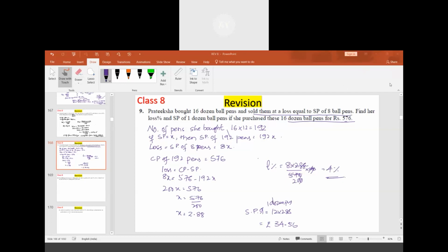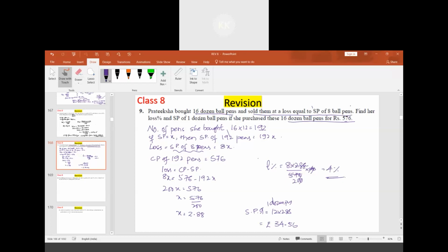Here, as per the given question, she has bought 16 dozen ball pens and sold them at a loss equal to the selling price of 8 ball pens. So loss is given in terms of selling price, and we don't know the selling price. So I have taken selling price to be x.